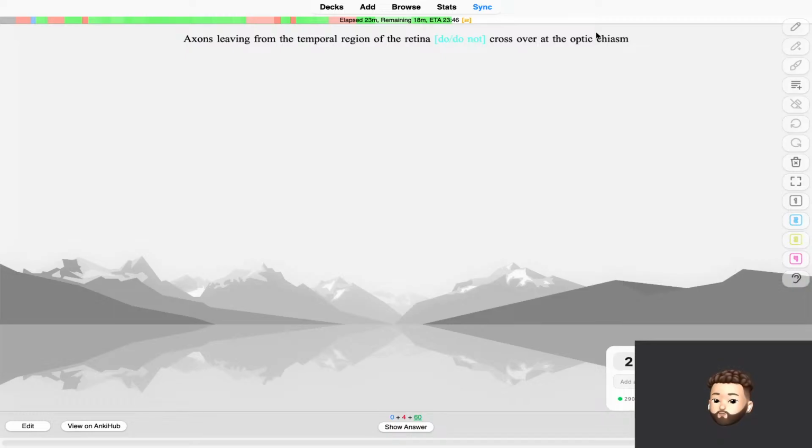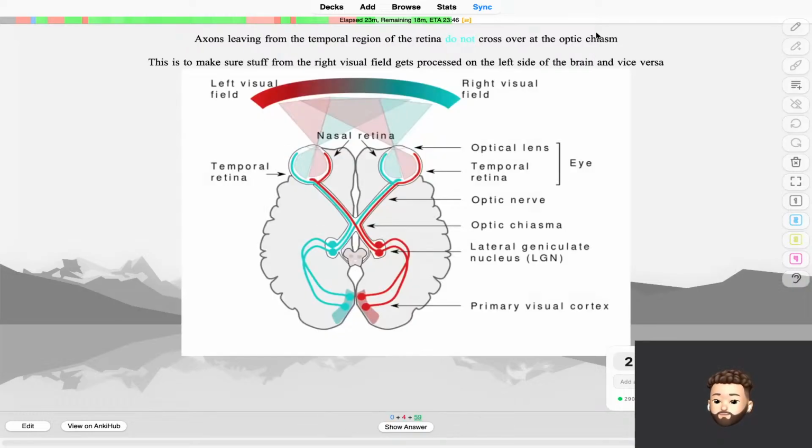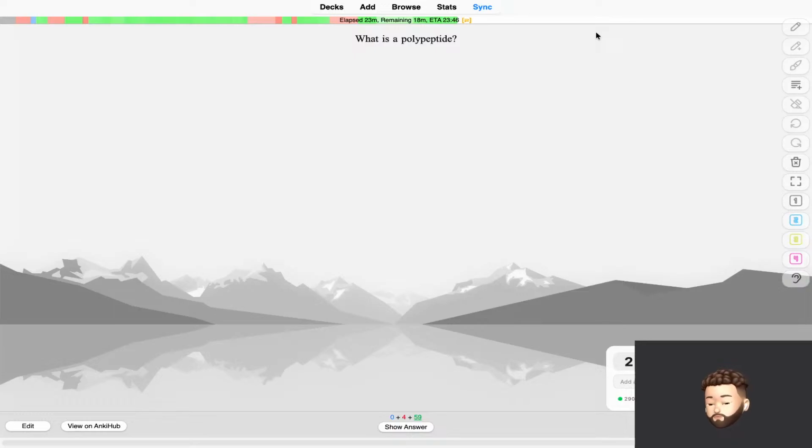No, temporal region, they don't cross over. It's a chain of more than 20 amino acids.